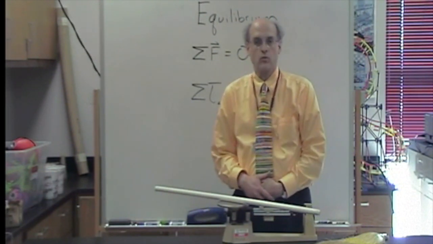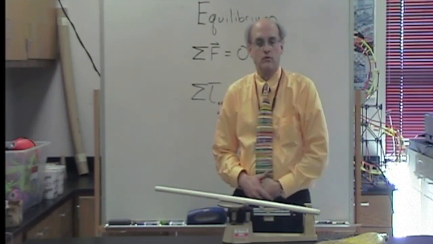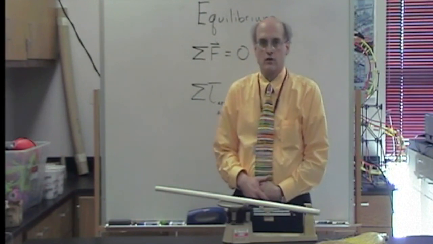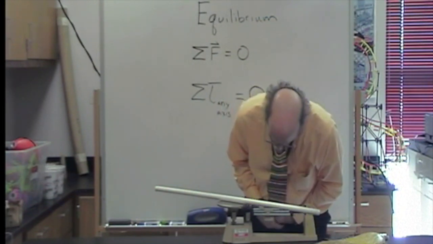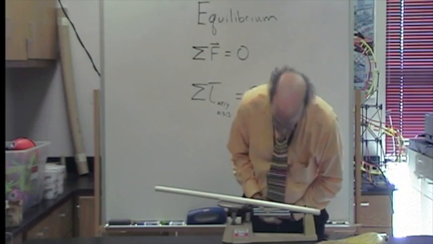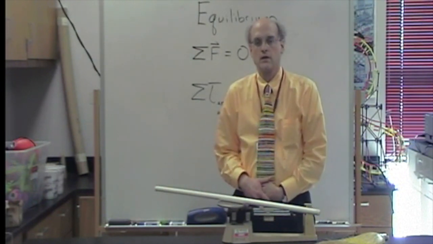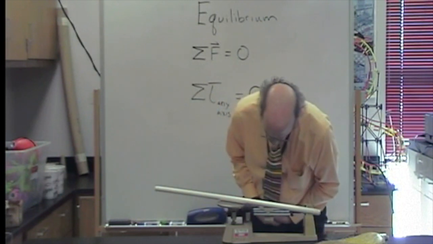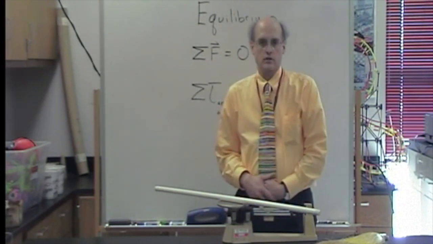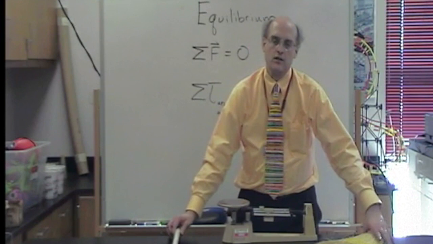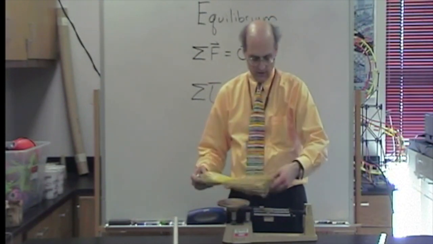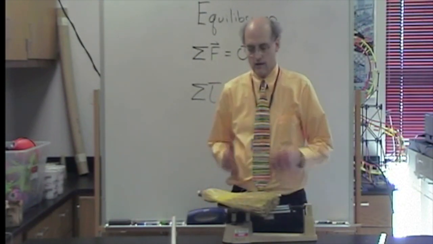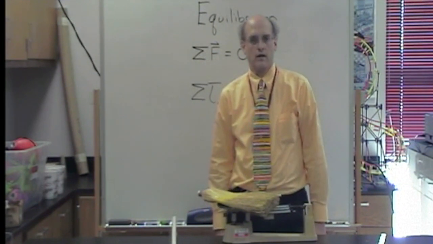If you want to figure out its weight, you would have to first convert that into kilograms. So that would be 0.224 kilograms. And if you wanted to figure out its weight, you would multiply that by 10 meters per second squared. So we would have about 2.24 newtons. Now let's take a look at this end of the broom. And you can clearly see that this end of the broom weighs a lot more.